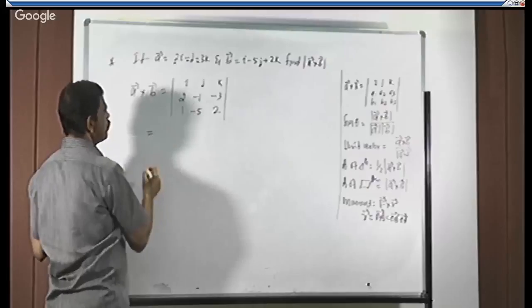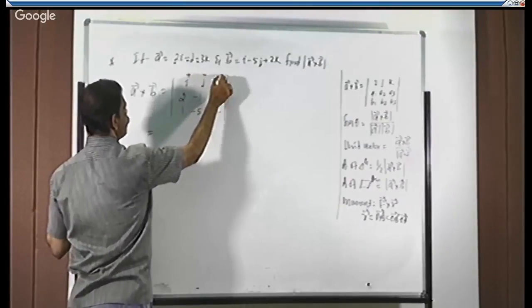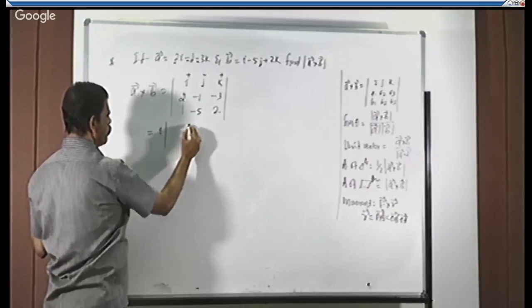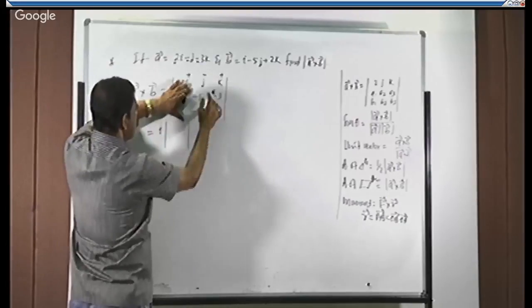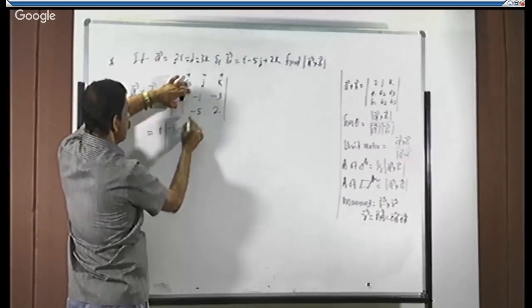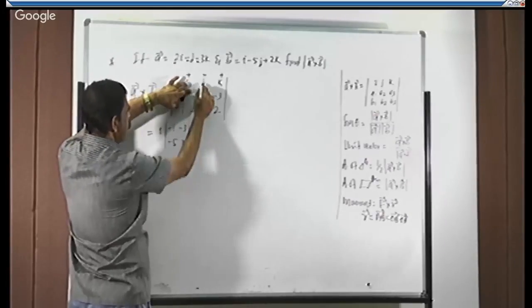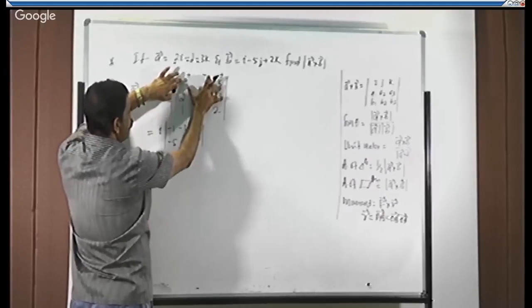I explained the expansion procedure. Take the alternate plus, minus, plus. First element of the first row, i into: leave the corresponding column and corresponding row. The remaining elements are minus 1, minus 3, minus 5, 2. Minus of the second element of the first row, j into: leave this column and row.